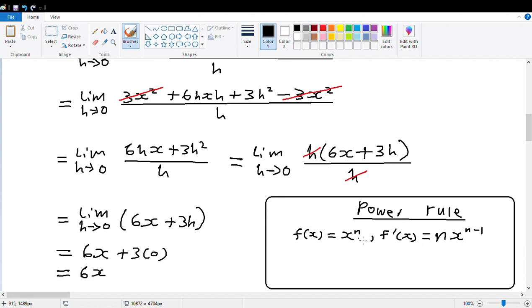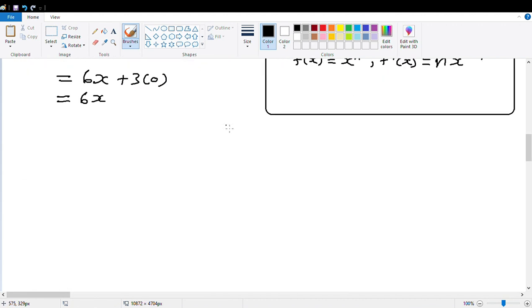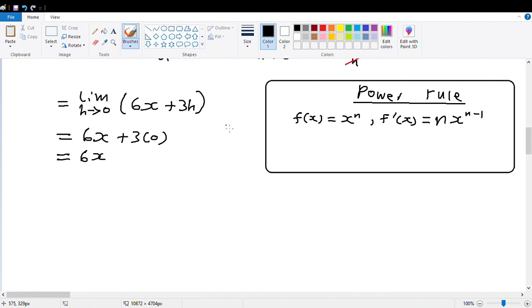To apply this onto the function that we were given, which was 3x squared, remember in our case f of x is equal to 3x squared.